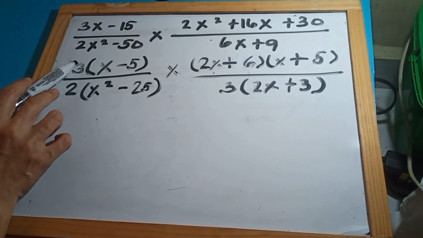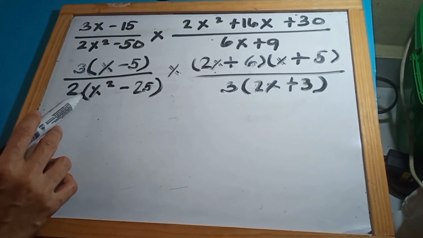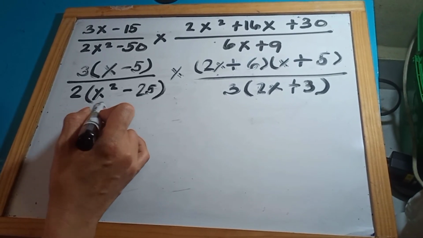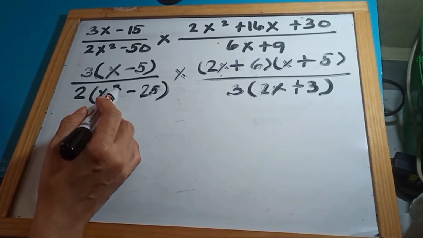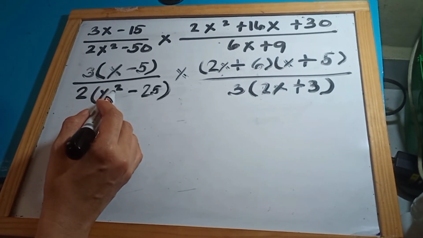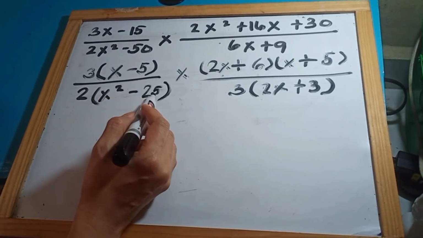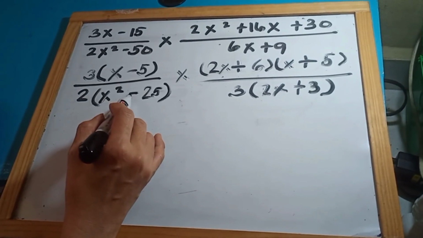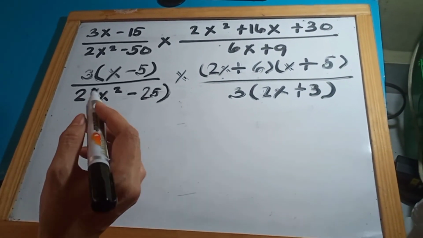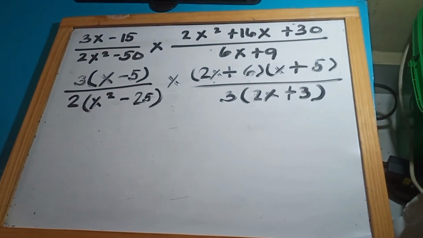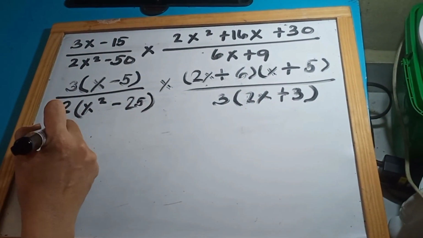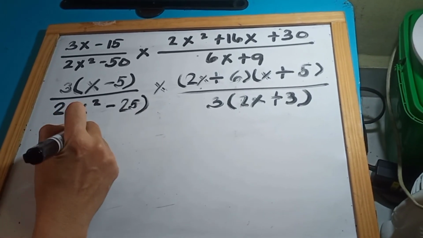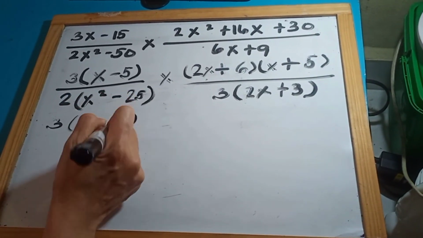Dito, pwedeng wala na. Pero yung denominator niya, x squared minus 25. Diba this is difference of two squares? Since x squared has a perfect square and 25 also has a perfect square and the sign in between is negative. So therefore, pwede pa natin siyang i-factor. So let's rewrite muna again the numerator. So 3 times x minus 5.